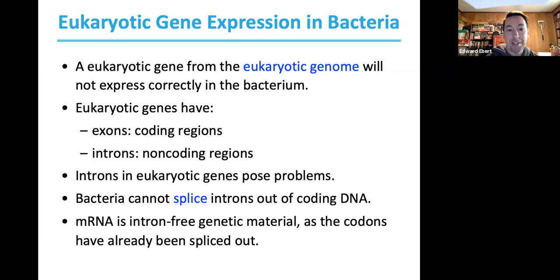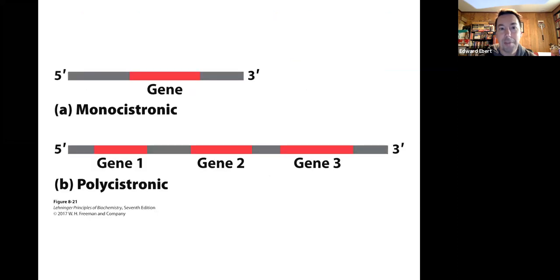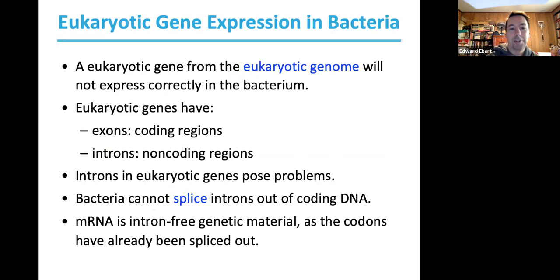Our mRNA is intron free, so our mRNA already has the introns spliced out, so we can use it as a template to make a DNA sequence, and then transfect that DNA sequence, that constructed DNA, cDNA, into the bacteria to get the bacteria to express the mRNA and then make the protein. So that's something we have to do to get bacteria to express eukaryotic proteins.